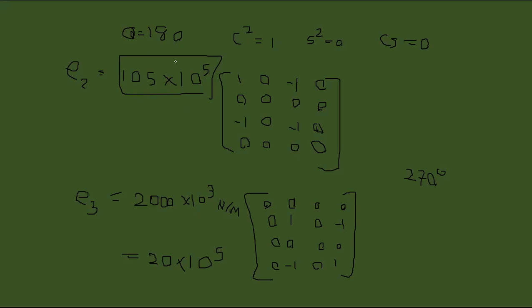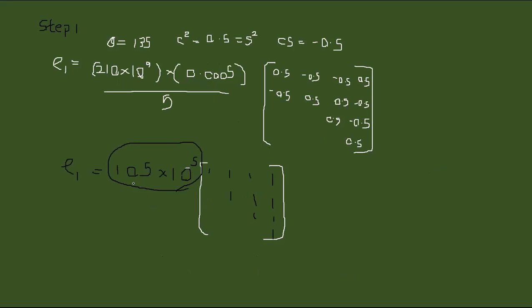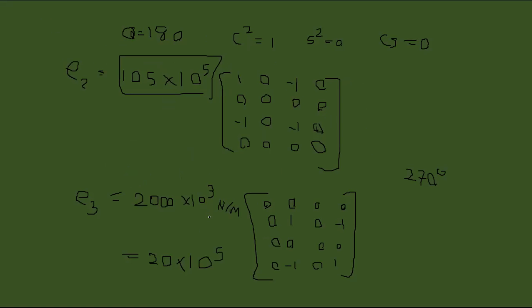In this case, 10 to the power 5 is common, so you need to move this 20 into the matrix, multiplying each element by 20 and by 105. Then you can add or subtract the matrices.